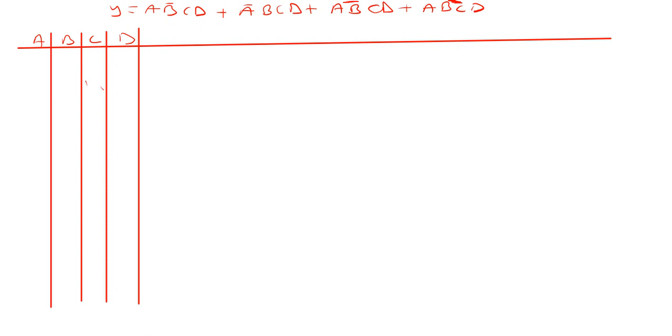We have 8 zeros, then 8 ones. Then after that we go with 4 zeros, 4 ones.